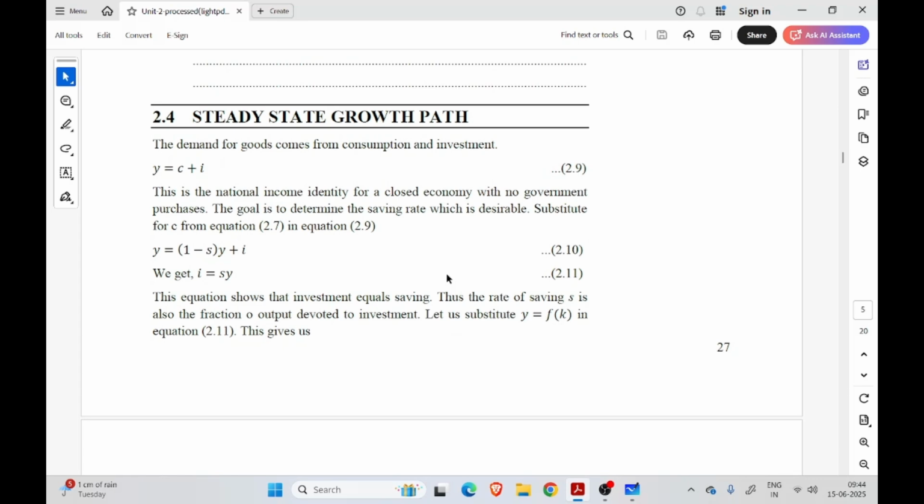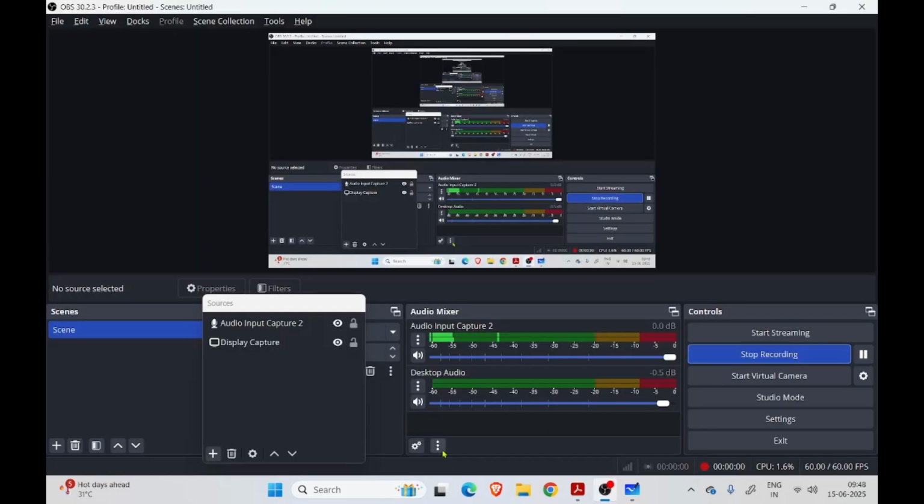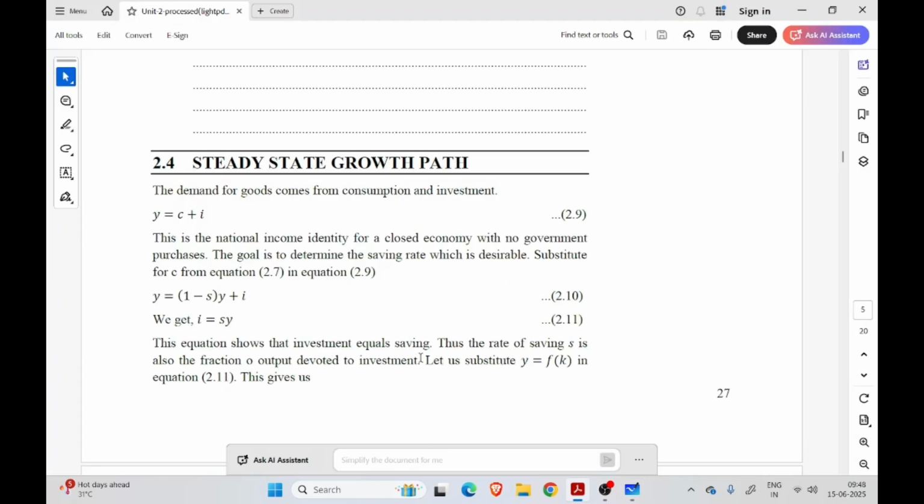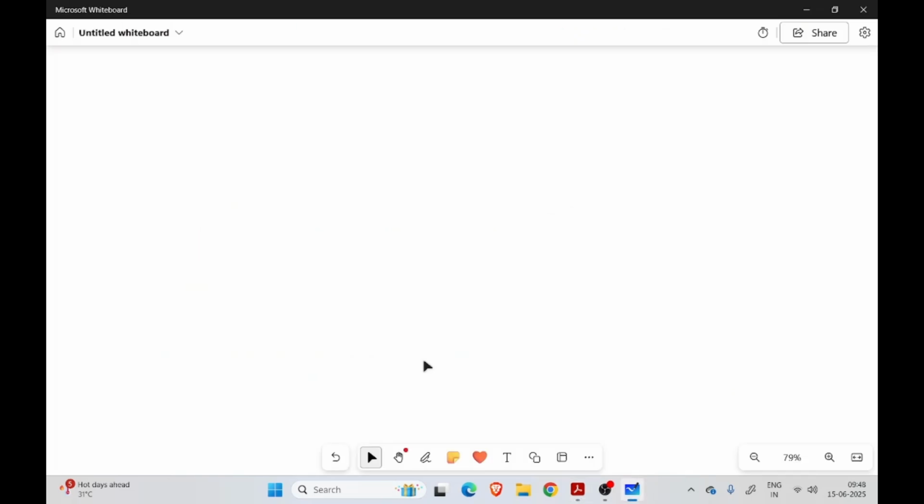Now moving on to the second part, that is the steady state growth. We are going to discuss the steady state growth path of the Solow growth model. Before doing this, let us do some maths.